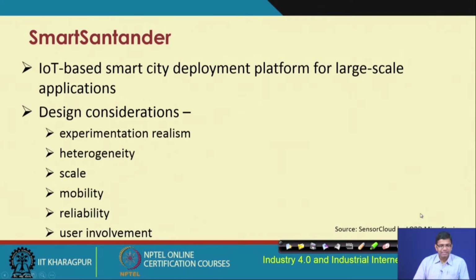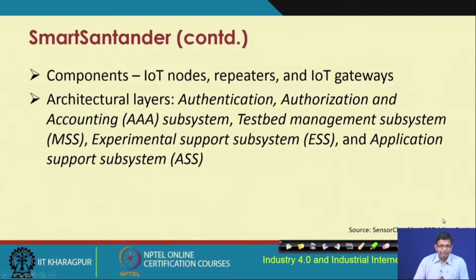Another work is Smart Santander. This is an IoT based smart city deployment platform for large scale applications, where the design considerations are with respect to experimentation realism, heterogeneity, scale, mobility, reliability, user involvement and so on. And they have come up with an architecture which uses different components such as the sensor enabled IoT nodes, the repeaters, IoT gateways and so on.